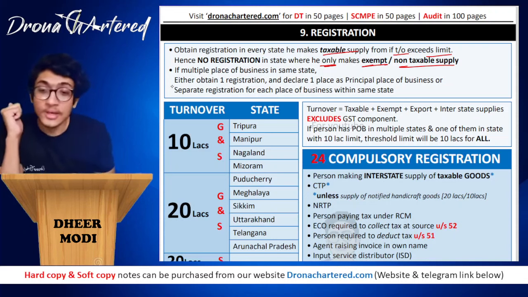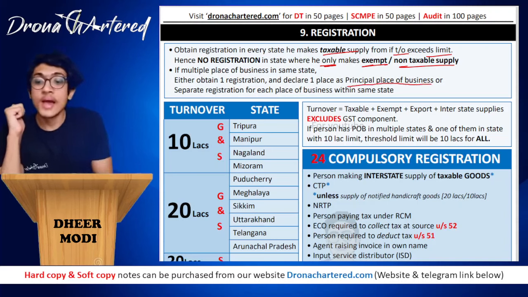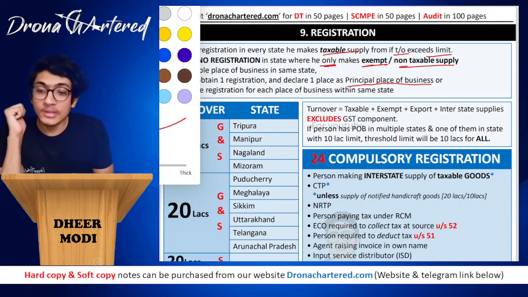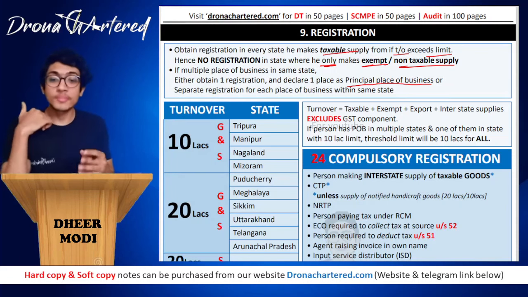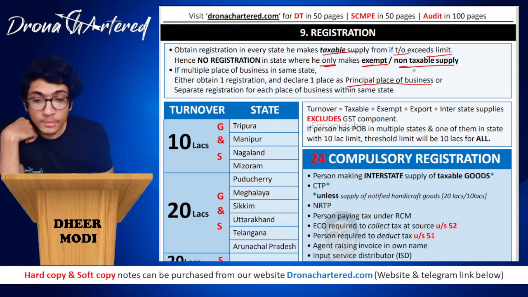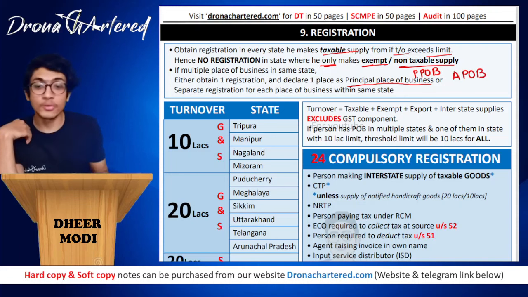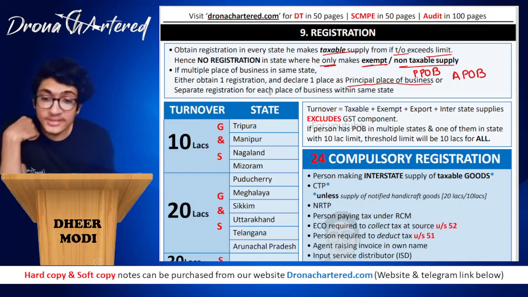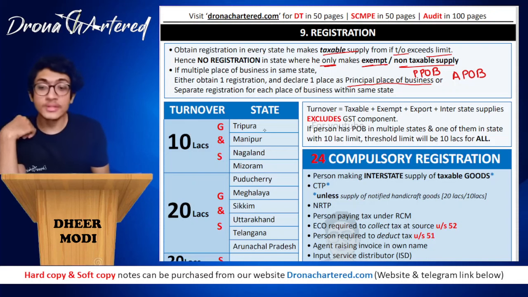In such a case, you can obtain one registration and declare any one place as the principal place of business, that is your PPOB, and the others will be your additional places of business, that is your APOB.